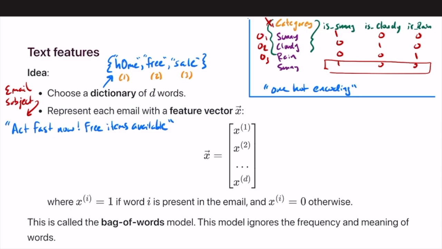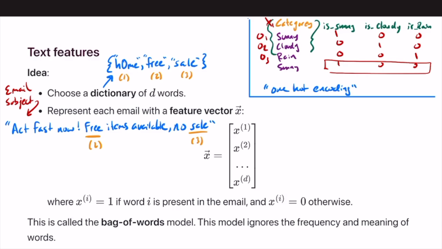So, this is kind of spammy, but in our dictionary we'd say, okay, we identified the word free, and maybe let's add one more actually, just say "no sale" for the hell of it. Okay, so sale. So this is word 2 and this is word 3.